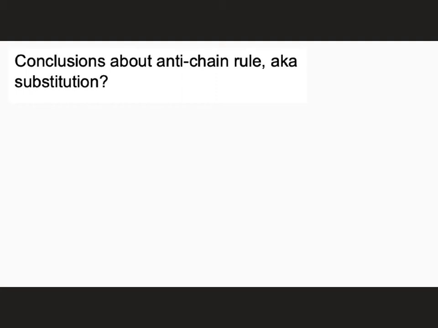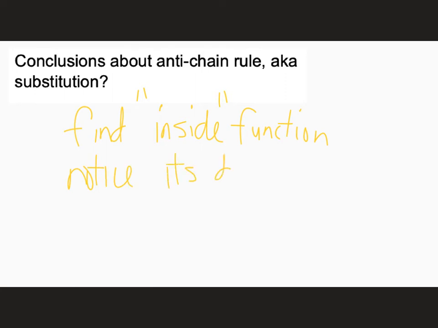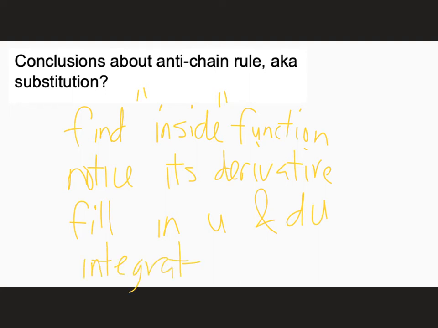To me, the big conclusion is find the inside function, notice its derivative, fill in u and du so that you only have u's in your integral, and then integrate. Those are kind of my big noticings that we just did.